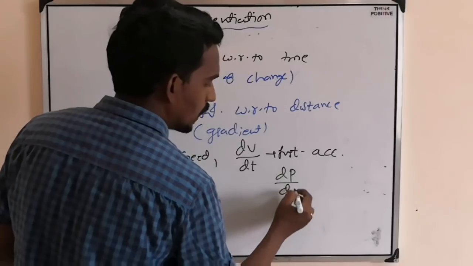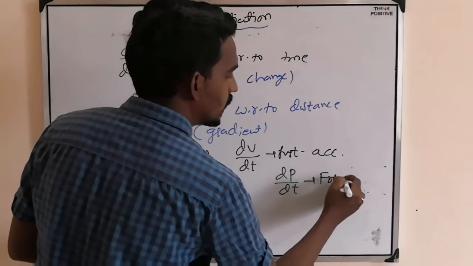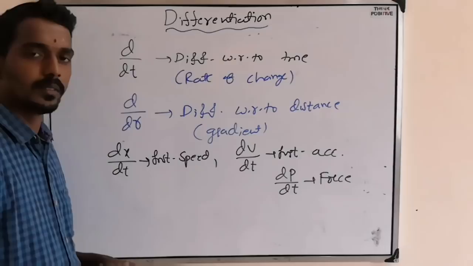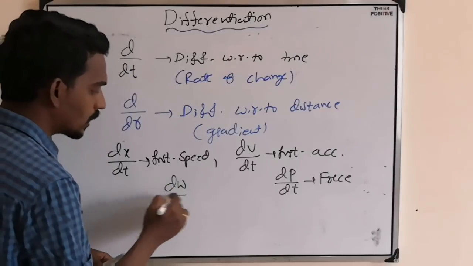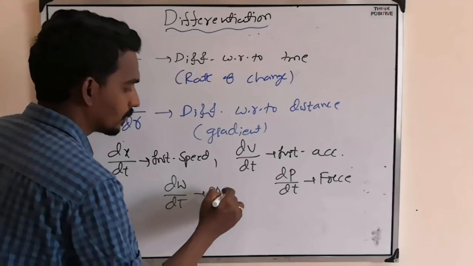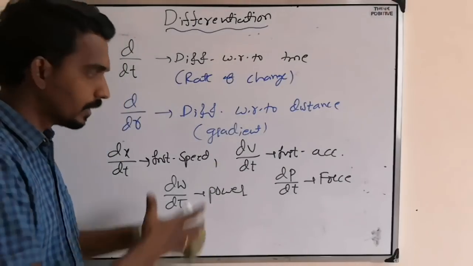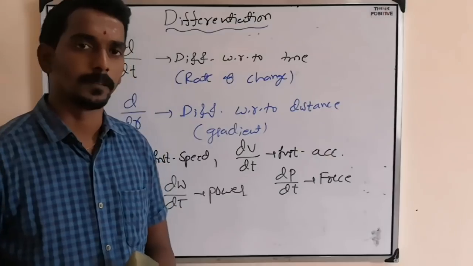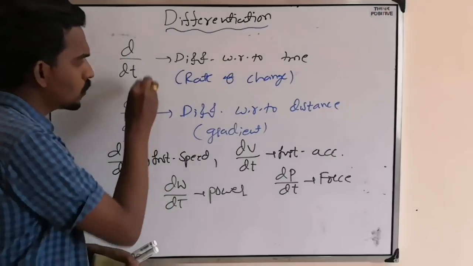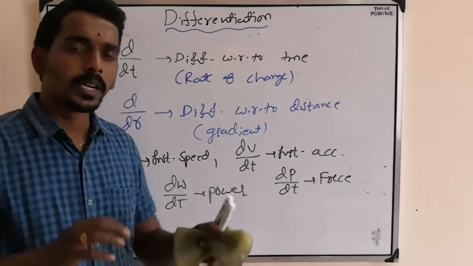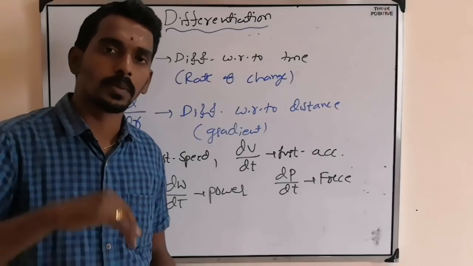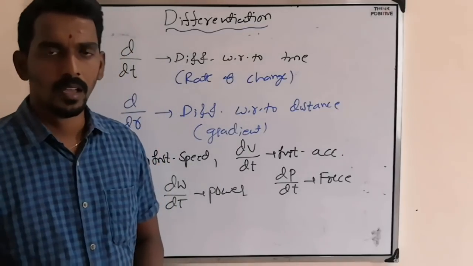Differentiation of linear momentum with respect to time gives force, instantaneous force. Differentiation of work with respect to time gives power. So for this purpose we need differentiation. Usually these two differentiations will come, but you can do differentiation with respect to anything.